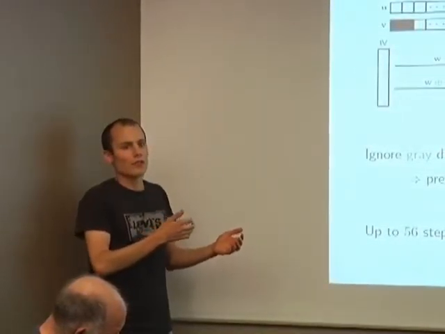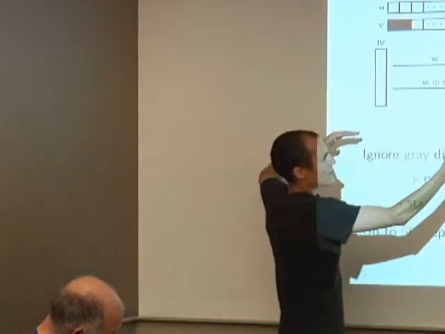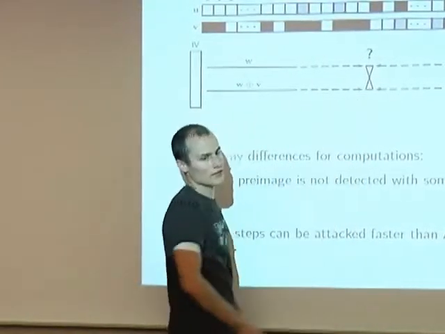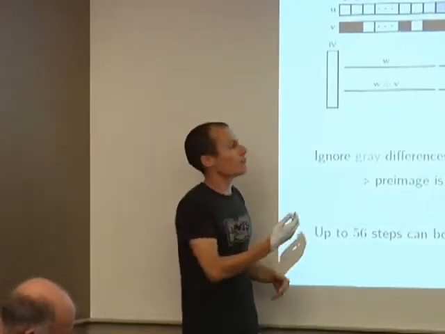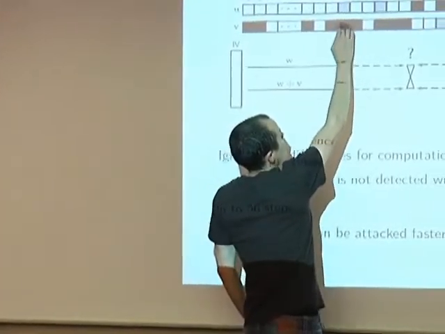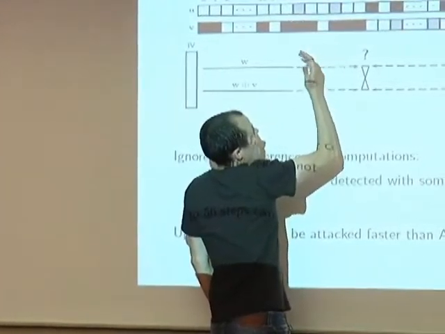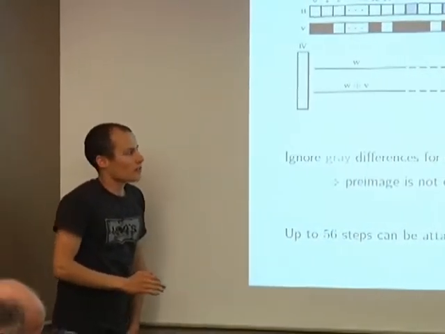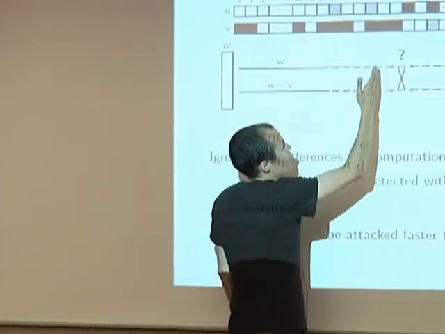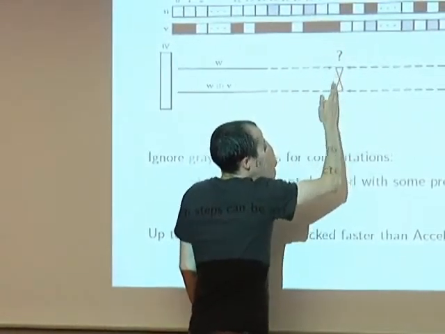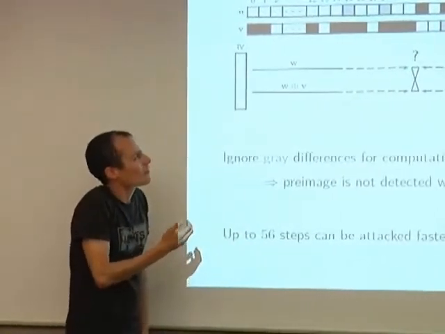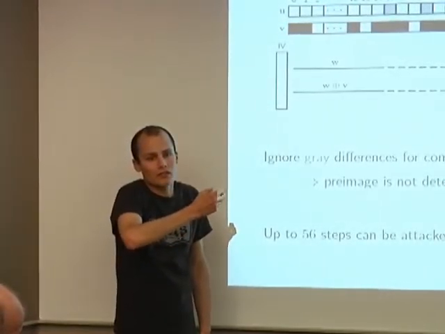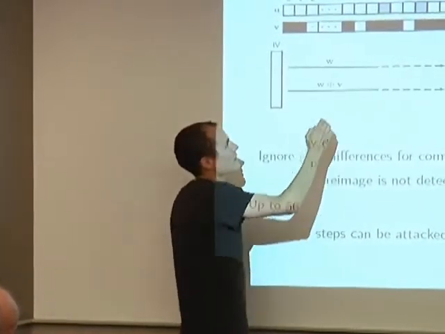And if there is some message combination that would be a preimage, it's not sure that we detect it here, because maybe we were somewhat wrong, but we know that we are somewhat wrong with this computation. But we can choose a subset of bits for this checking part, which is not affected or only not significantly affected by these differences.